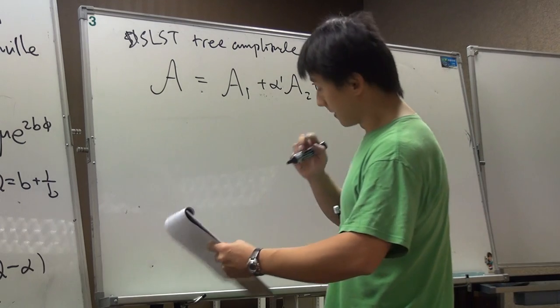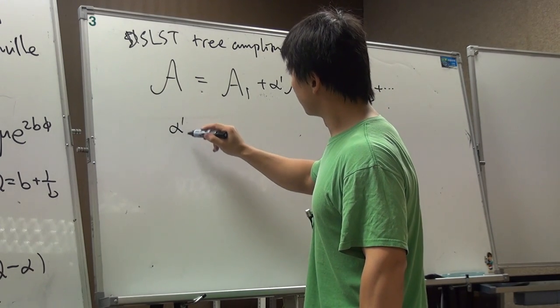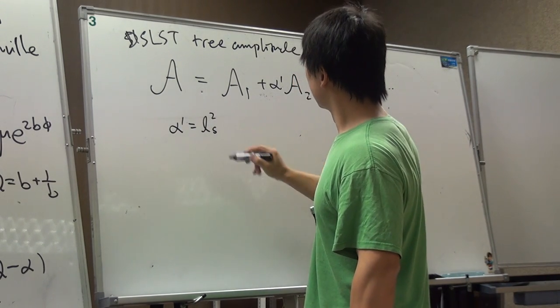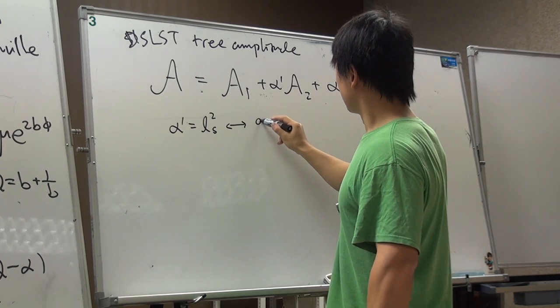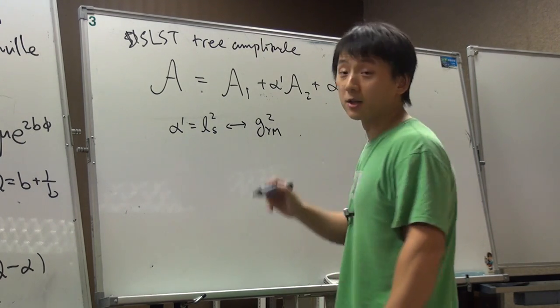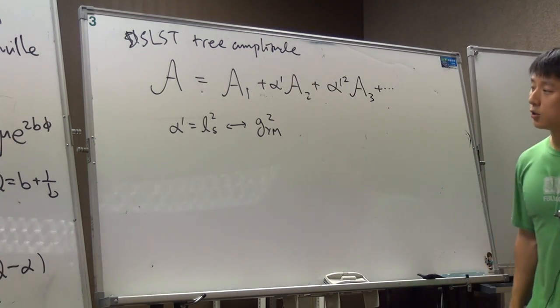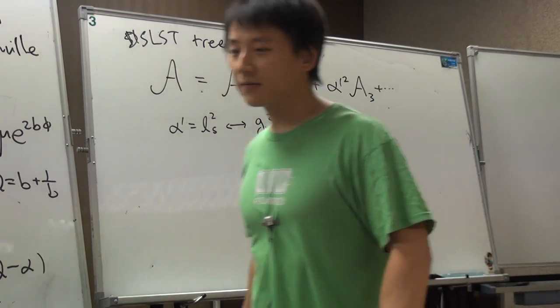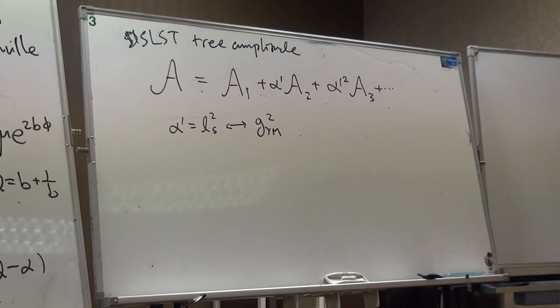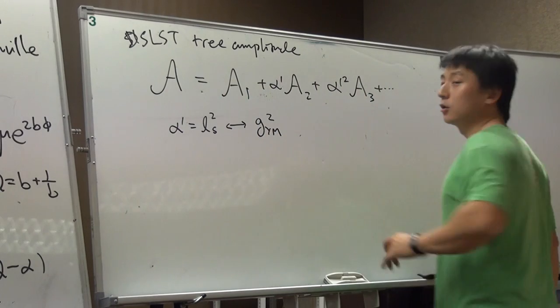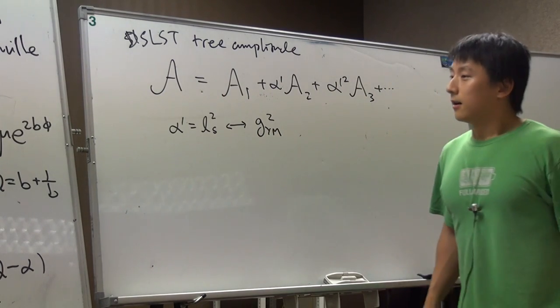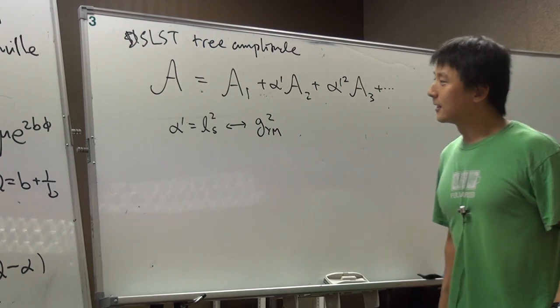As I mentioned last time, alpha prime, which is l_string squared, will be identified with g_Yang-Mills squared in 6 dimensions. So this alpha prime expansion corresponds, at least on the face of it, to the loop expansion of the 6-dimensional gauge theory. So just computing the string tree-level amplitude, you get some information about all-loop answers in gauge theory, if that gauge theory is well defined.